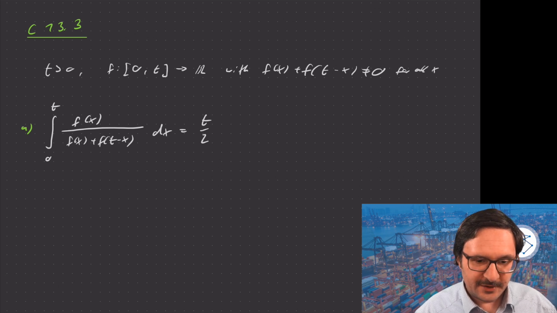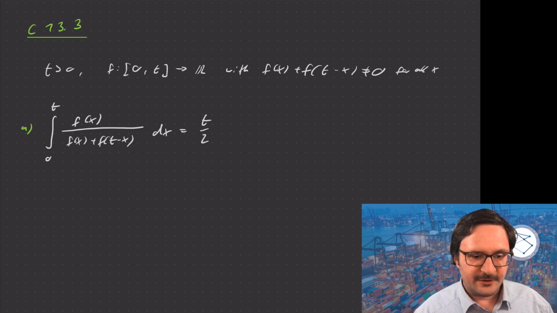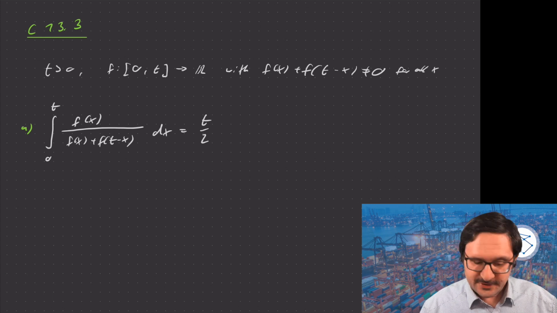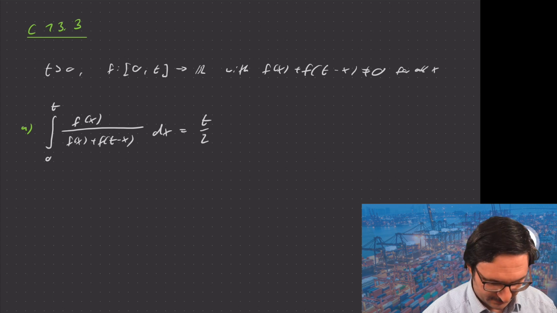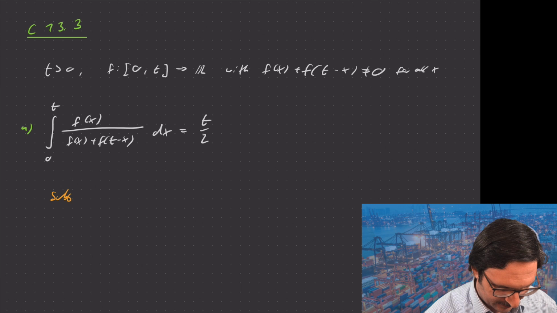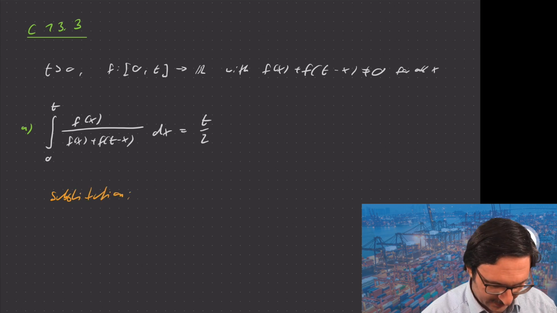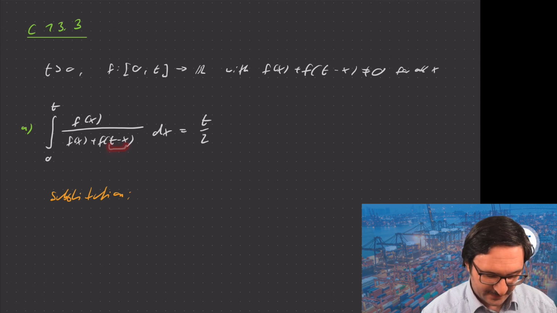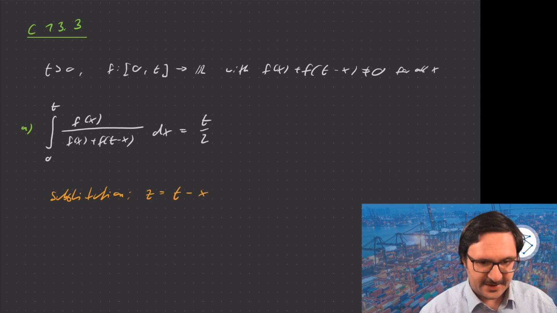Now, let's see what we can do here to prove that integration. What we'll do is we'll use a substitution. I'm going to use a very simple one. Again, inspired by the argument of the function f here, we use the substitution z equals t minus x.